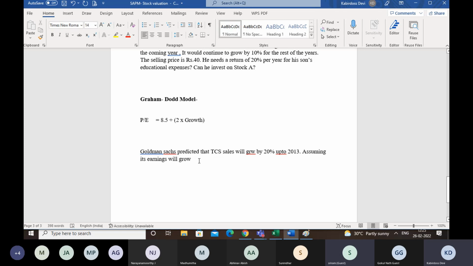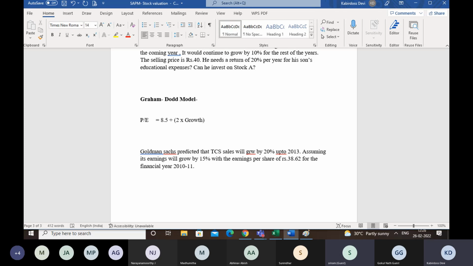15%, with earnings per share of rupees 38.62 for the financial year 2010 and 11.